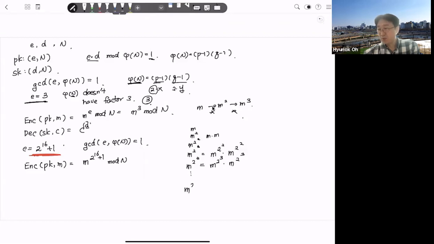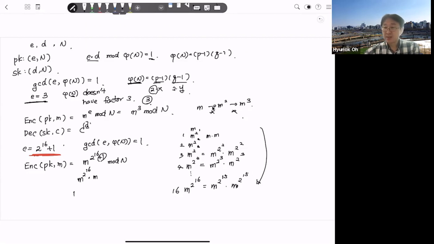Similarly, m to the 2 to the 16 needs 16 multiplications, and then there is plus 1, so m to the 16 multiplied by m, one more.